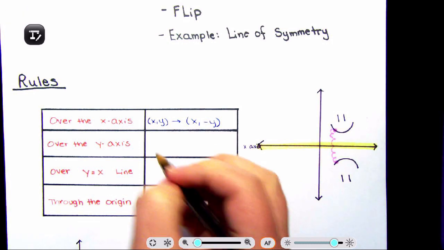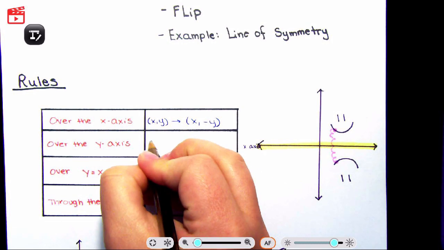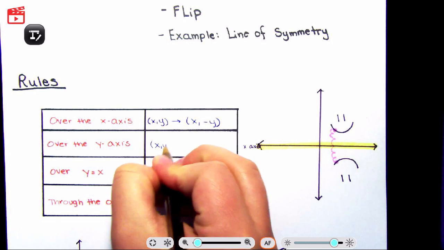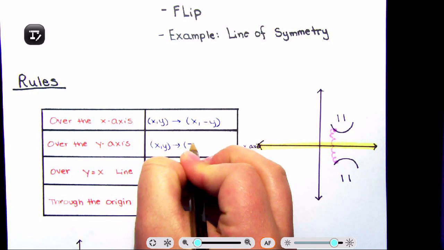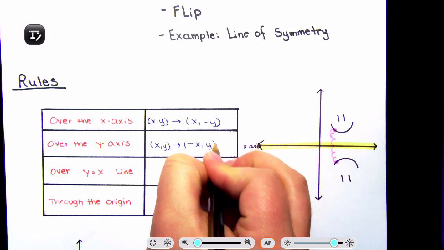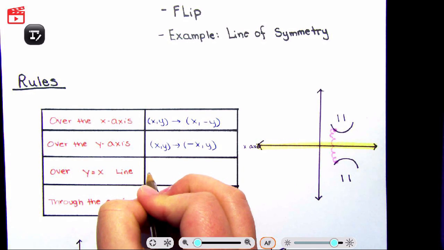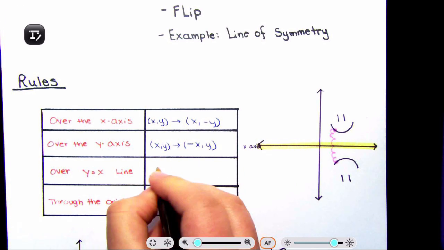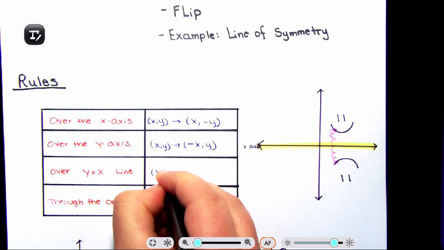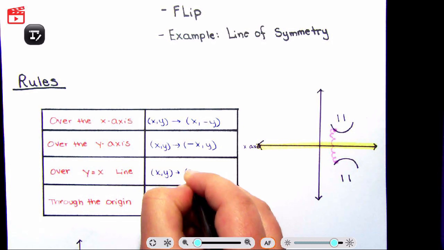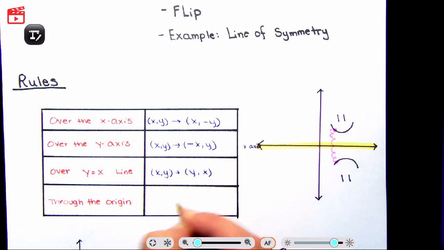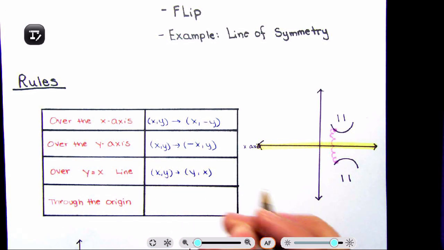For the reflection over the y-axis, you have x comma y going to the opposite of x comma y. Over the line of x equals y, we'll talk about that line there. That is, your original point is going to y comma x. And notice how your x and y switch, so be careful.